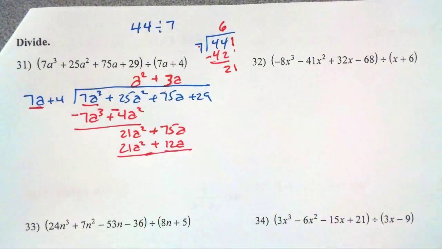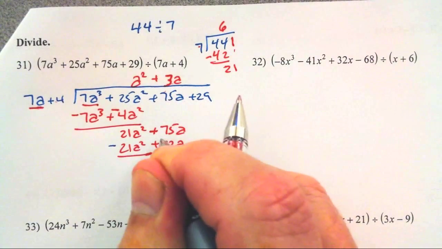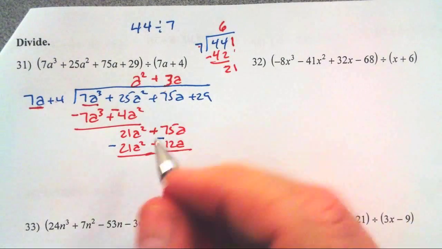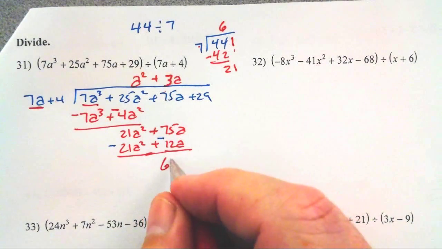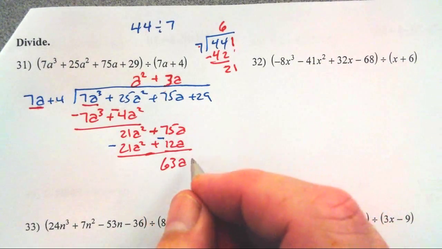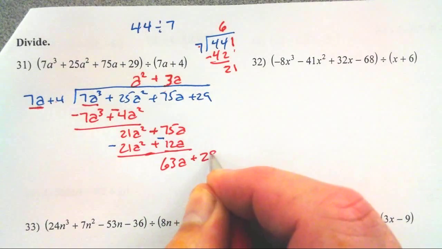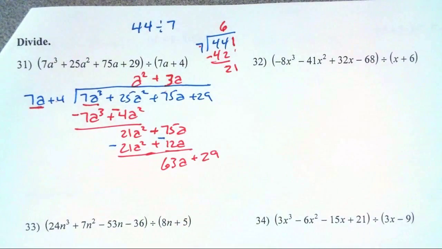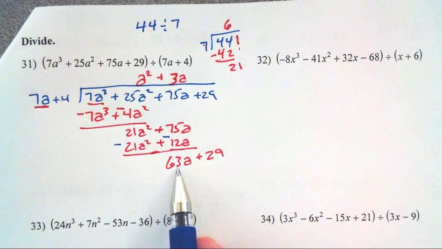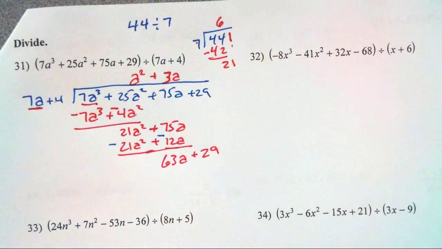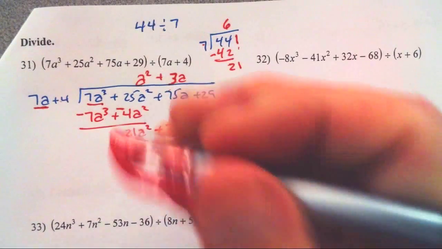Subtracting those, try to emphasize that, and I get 63a plus 29. I ask, how many times does 7a go into 63a? That is plus 9 times.